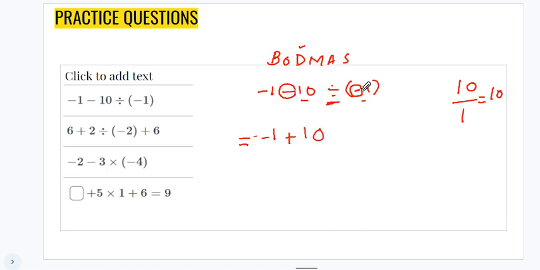Because minus times minus gave us plus 10. 10 divided by 1 is 10. So now, signs are different. It means we have to take away 1 from 10, right? 10 minus 1 will give you 9.